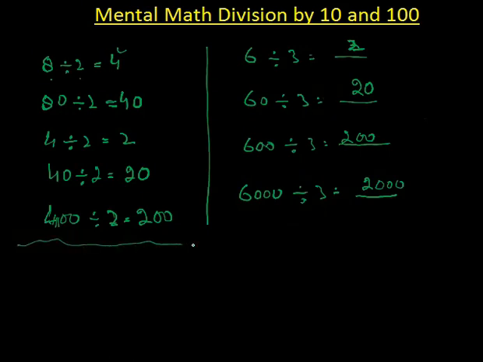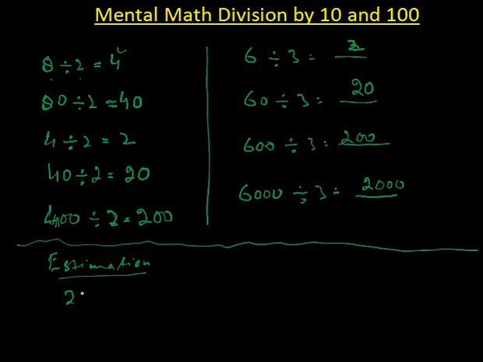Now, there is one more question, and the estimation is there. Estimation, we just round the number. Suppose 21 and we have to add it with say 9. One method is that you add 9 and 1 is 10, 0 and 1 is carry, and 1 2 is 3.